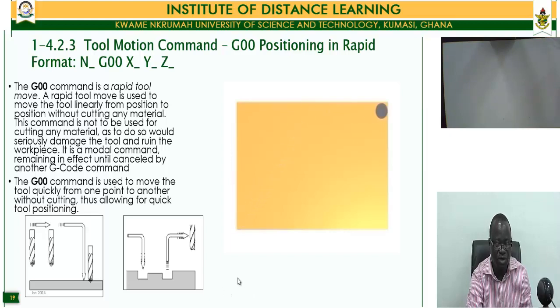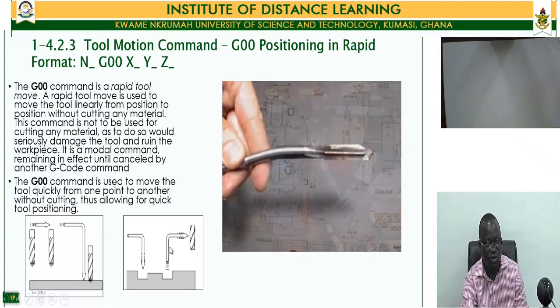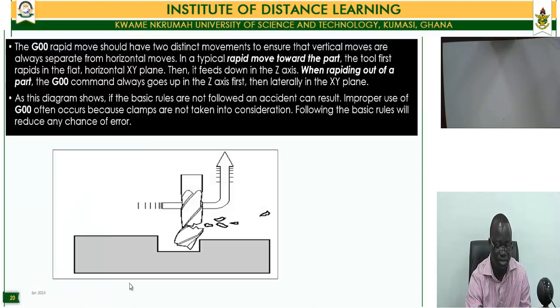So maybe if you have a pattern that you are cutting and you complete one pattern and you want to move to the other pattern, then you want to move the tool away from the workpiece without necessarily cutting any material. So we're going to play the command for you to see that in view.